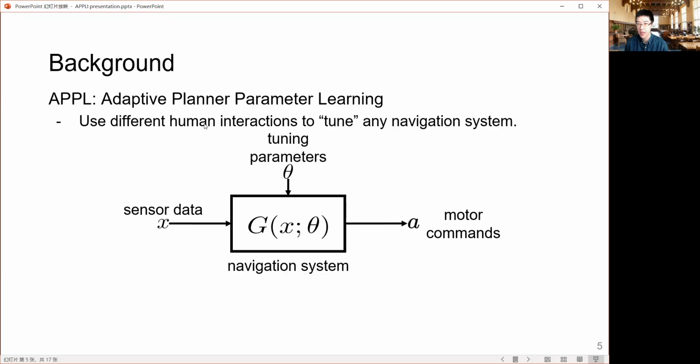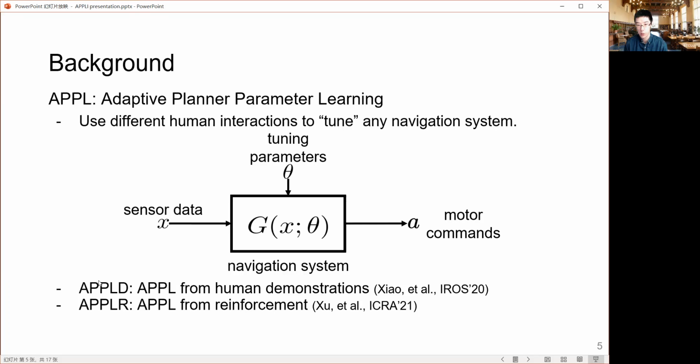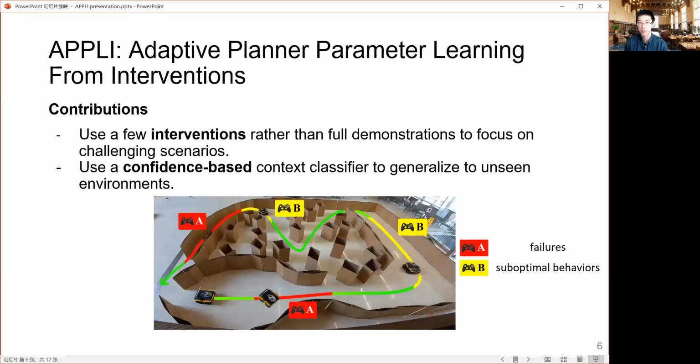The goal of the APPLI framework is to use human interactions of different modalities to tune the parameters for the navigation system. One of our previous works is APPLI-D, which uses human demonstration, and the parallel work is APPLI-R, using reinforcement learning, which is also accepted to ICRA, and you can find it in the next presentation. Okay, going back to our work.